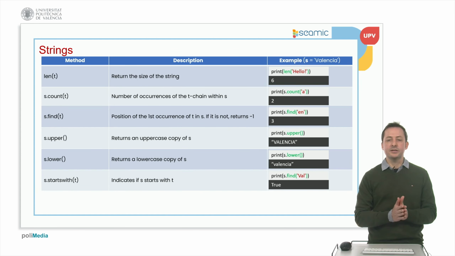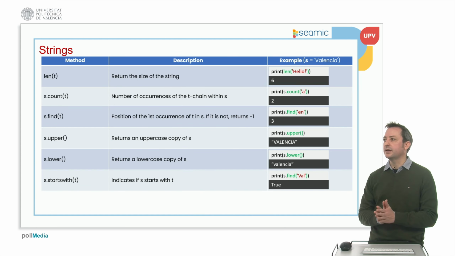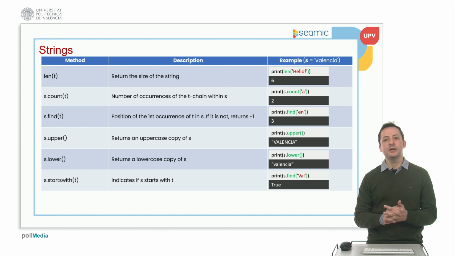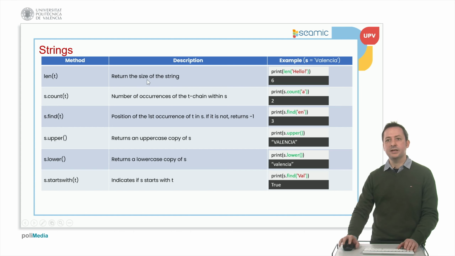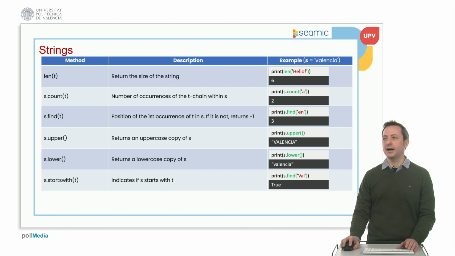And by using strings, there are some functions and methods that can be used in order to obtain some information about strings. For example, the function len provides us the size of the string in terms of counting how many characters this string has.